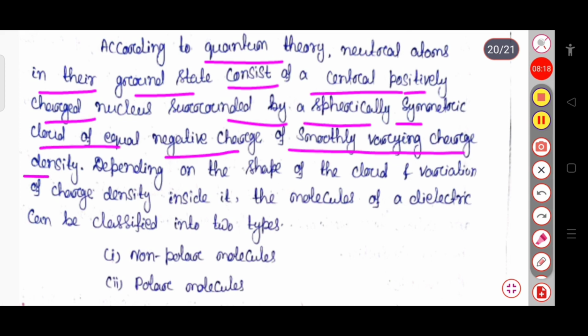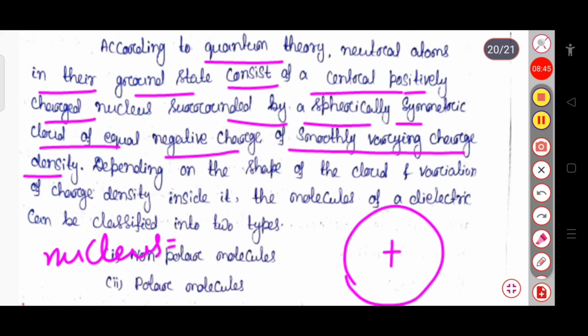That is, if we study the microscopic behavior of the particle, then in the case of a neutral atom, where the atom lies in the ground state, suppose this is my atom, its center is positively charged, that is the nucleus. The nucleus consists of protons and neutrons. The protons carry positive charge and the neutrons have no charge.